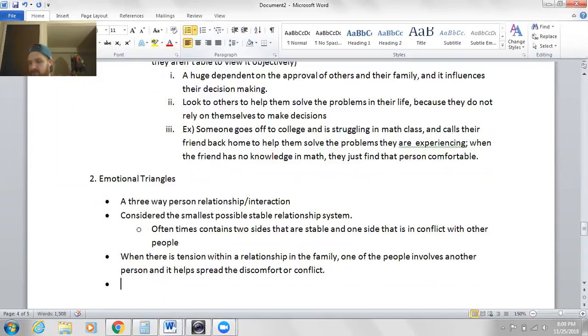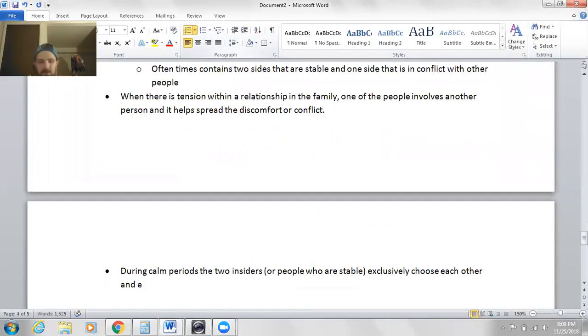So during calm periods, the two insiders or people who are stable exclusively choose each other and exclude the third person or the outsider.